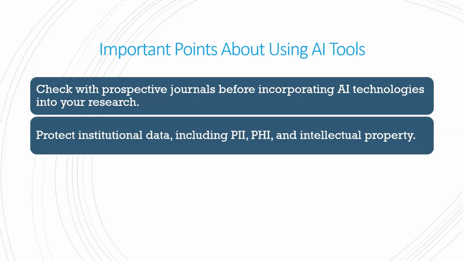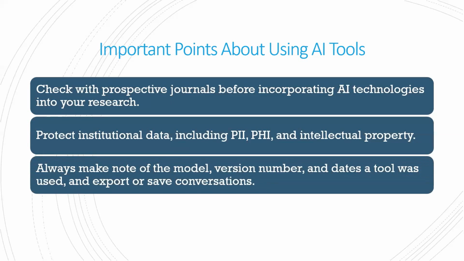And so there are these 3 or 4 main sections where they give you the main points, the things that you should consider strongly when you're thinking about using these tools. And of course, top of that list is protecting institutional data.